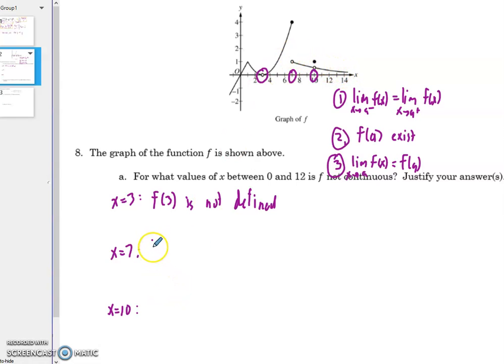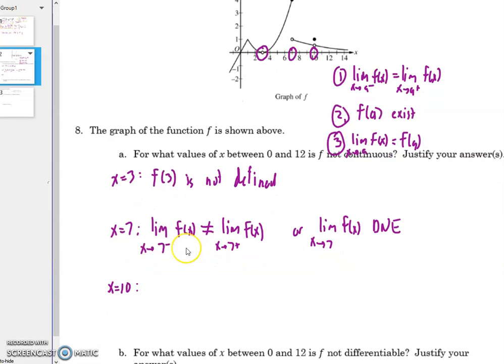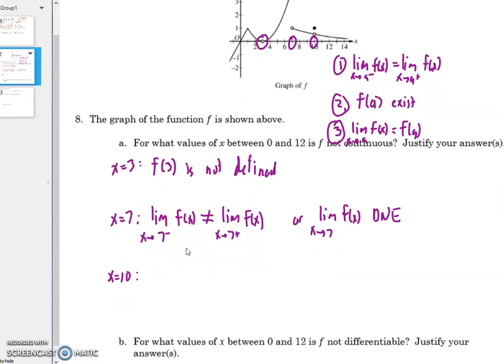So you could say this isn't true because the limit as x approaches 7 from the left of f of x does not equal the limit as x approaches 7 from the right of f of x. And if you had just said something like the limit as x approaches 7 of f of x does not exist, either one of these would have gotten you credit from my perspective. I think this first one is a better answer, but they're equivalent.